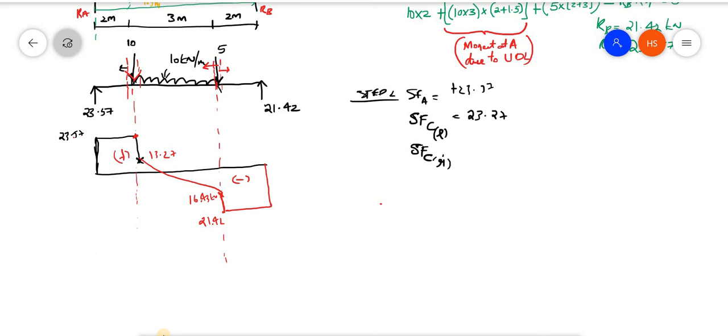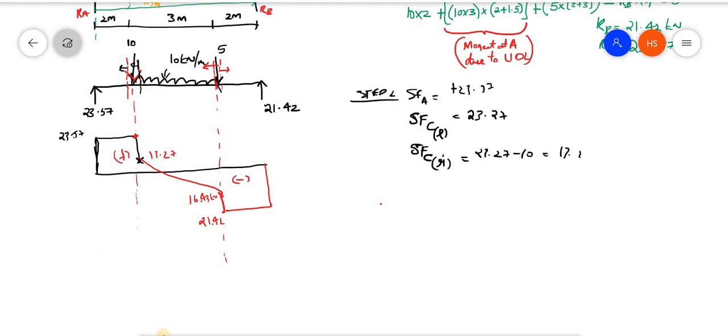When I consider a section just to the right, the forces are 23.27 and 10, so 23.27 minus 10 is 13.27. So at the same point we have two shear forces.